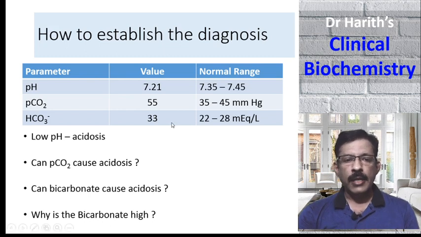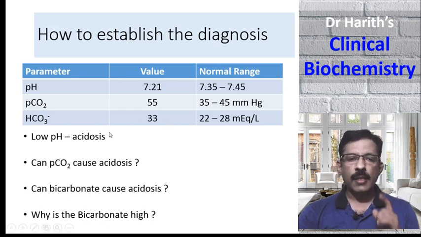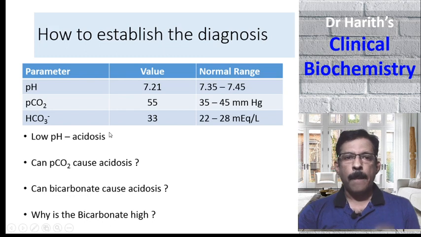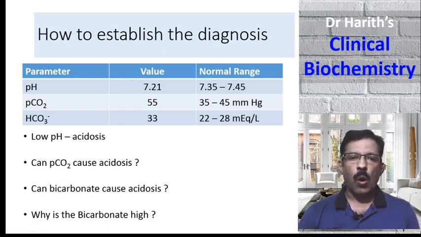Now the bicarbonate levels are high. Why are the bicarbonate levels high? Because there is acidosis, the body is trying to retain all the alkali it possibly can to neutralize the excess of acids. So the tubular system for reclaiming bicarbonate increases and the bicarbonate levels increase.